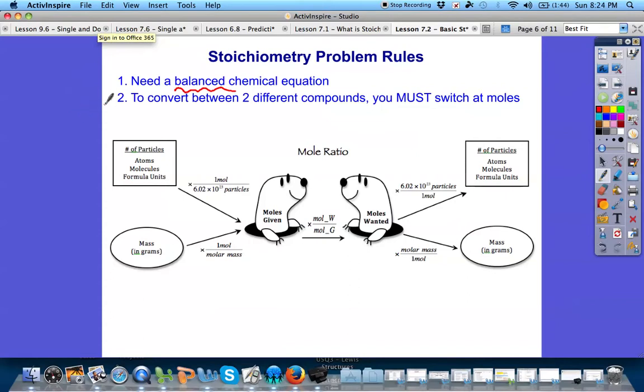The second rule is that in order to convert between two different compounds, you must switch at moles. And this is where the mole-to-mole ratio is going to come into play.